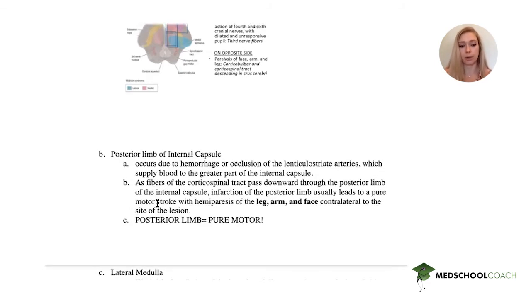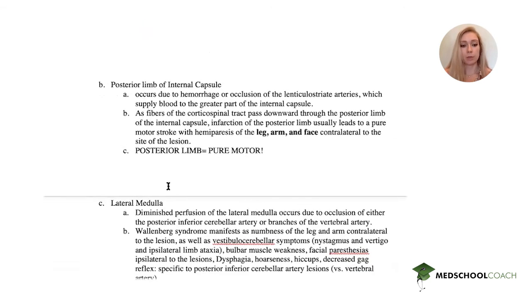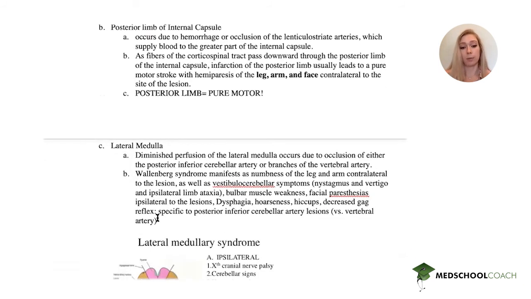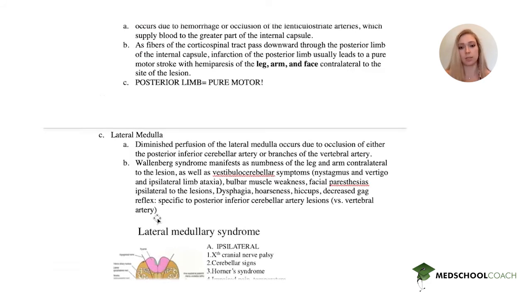So let's keep going. The lateral medulla. Perfusion of the lateral medulla is usually either the PICA or branches of the vertebral artery. So one of these will be damaged and you get lateral medullary syndrome, aka Wallenberg syndrome, which manifests as numbness of the leg and arm contralateral to the lesion. Vestibulocerebellar symptoms such as nystagmus and vertigo and ataxia.